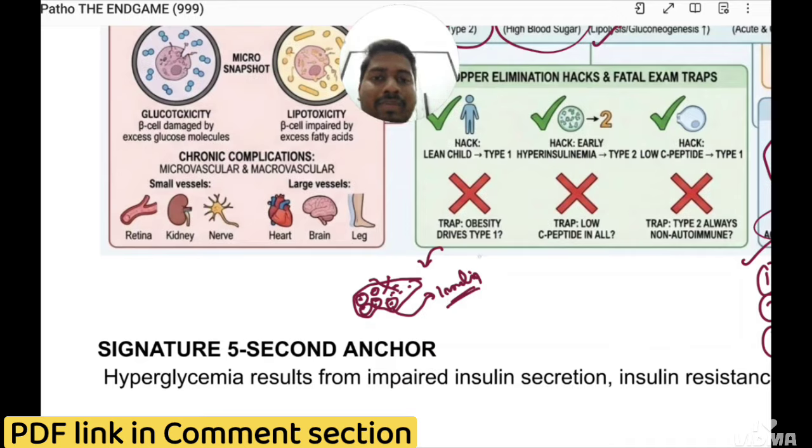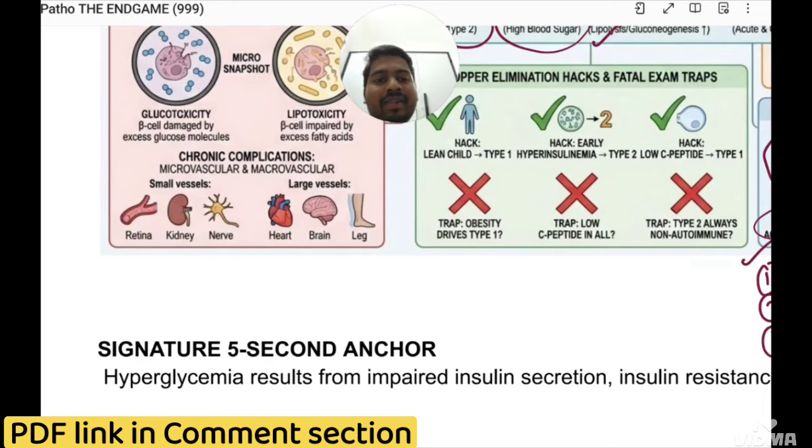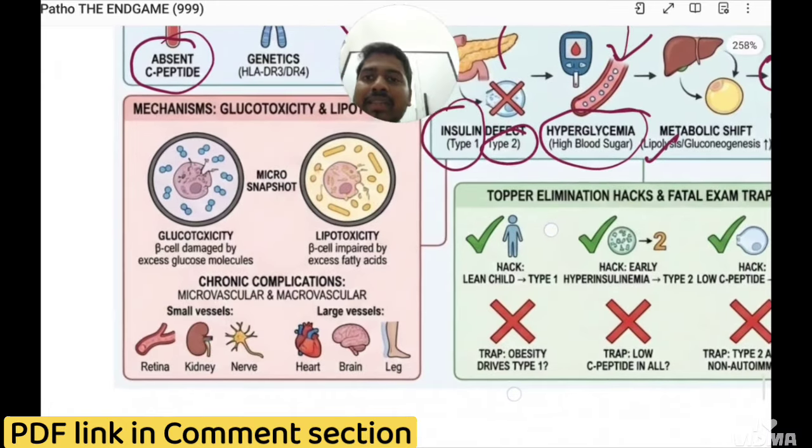So now the patient's insulin demand decreases initially. So the patient thinks that he has been cured of diabetes. This is known as the honeymoon phase. Many people will stop taking insulin, think they have been cured, and go for alternative medicine. So that is where a clinician should be keen enough to counsel patients.